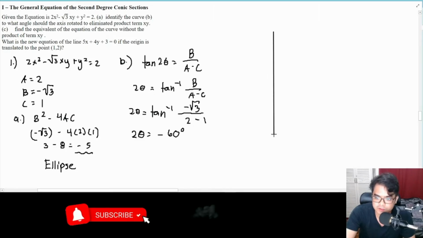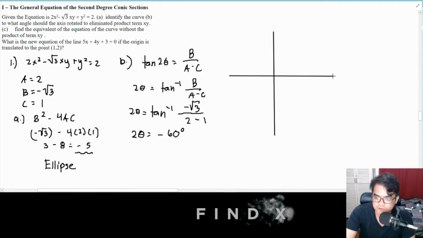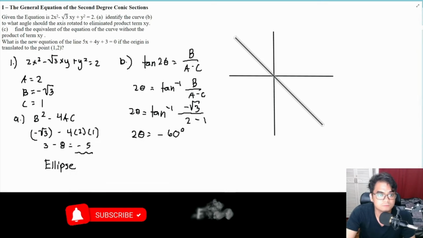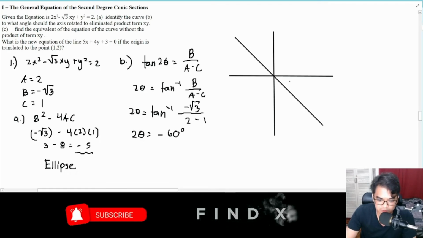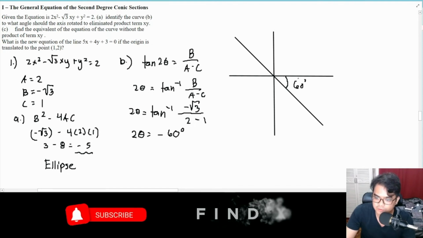If this is a Cartesian plane, let's say that's negative 60, so that must be on the fourth quadrant. If this is 60, not negative 60, this is 60. Therefore, I can also say that this is 60.